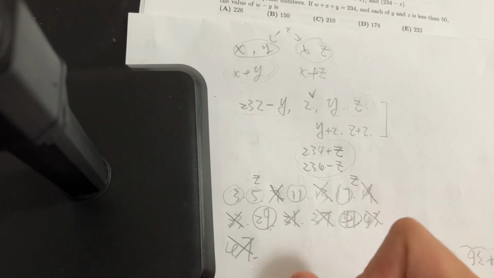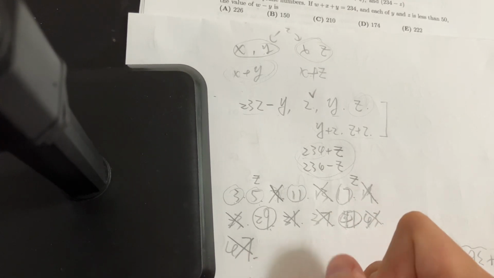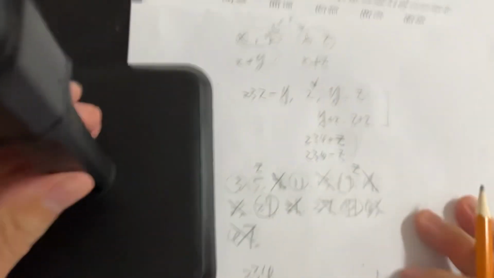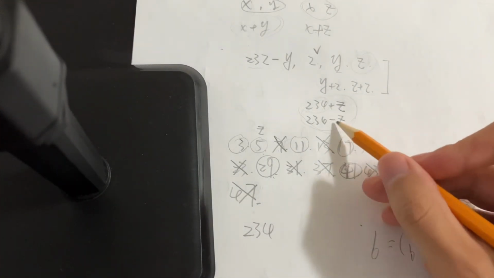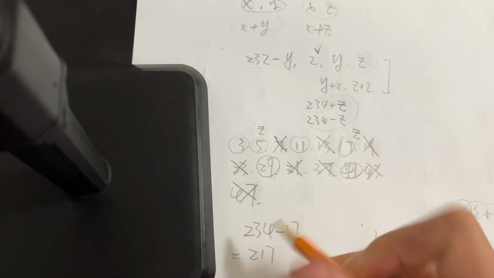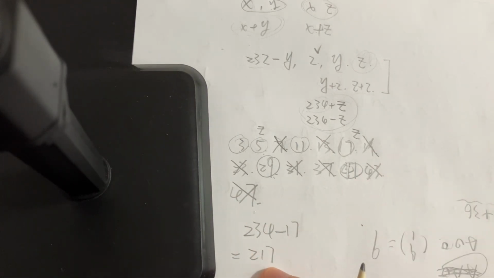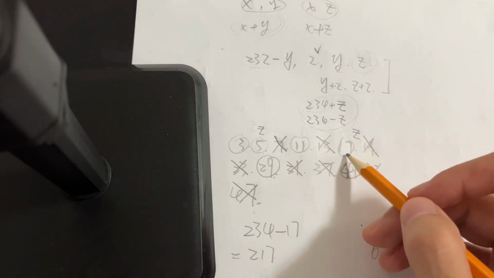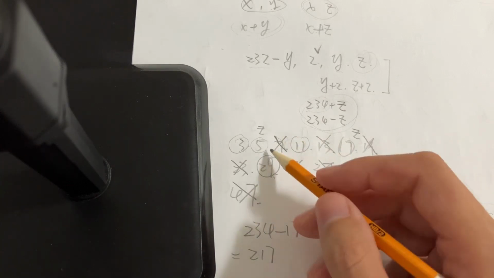This one, because if we consider 234 minus z, which is 234 minus 17, in that case we would have this number, and this number is obviously a multiple of 7. So this is not a prime number. So z cannot be 17. So the only one left here is 5.